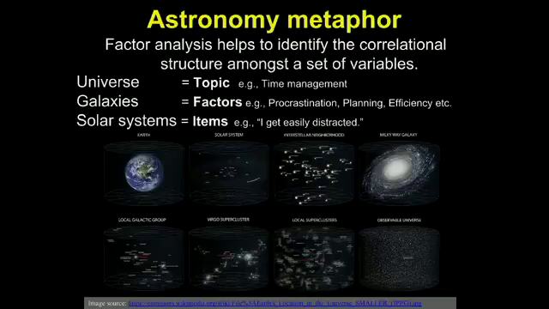So you could think of solar systems or galaxies as factors, and there might be 3 factors. Maybe you're looking for a procrastination factor, and there's half a dozen items about procrastination, half a dozen items about planning, half a dozen items about efficient time use.